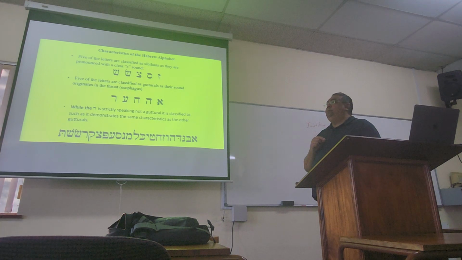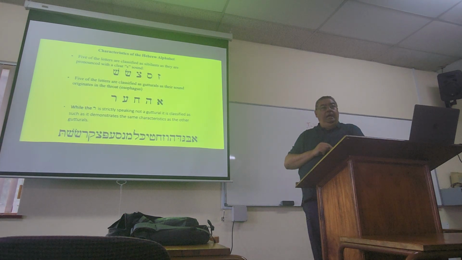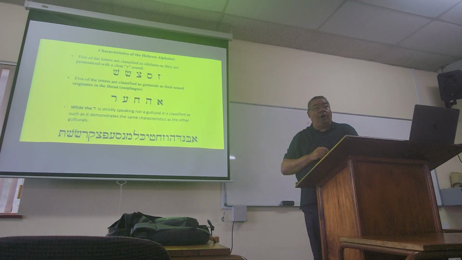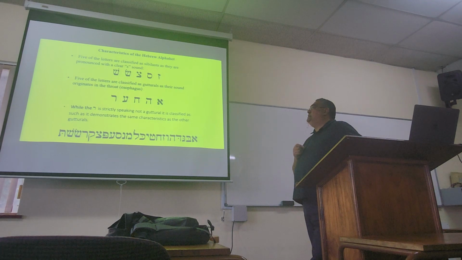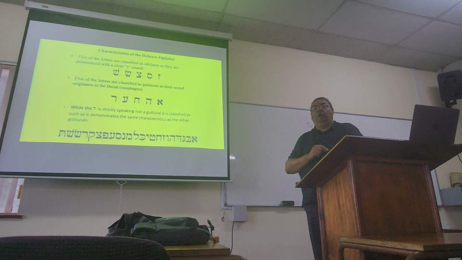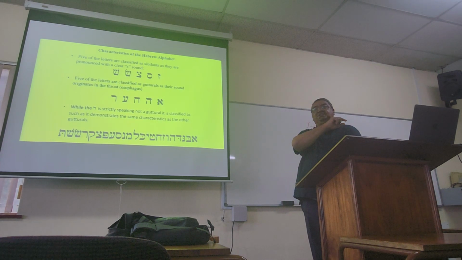So you will remember that the Hebrew alphabet consists just of consonants. And unlike the English alphabet and the Greek alphabet, that has the same origin as the Hebrew alphabet, which is the Phoenician alphabet, the Phoenician alphabet consisted only of consonants. The Hebrew alphabet consists only of consonants.